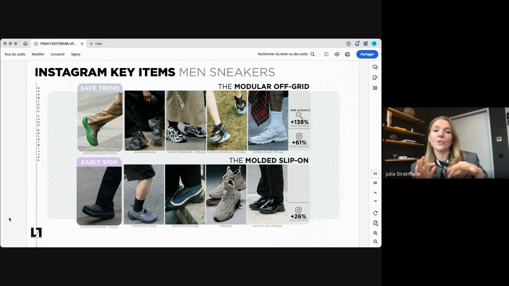With this futuristic slip-on feel, we can translate our current need for futuristic styles within the market. You can see that there's already a 26% growth. It's quite small, but since this is a rather fashionable piece, this is all linking up.